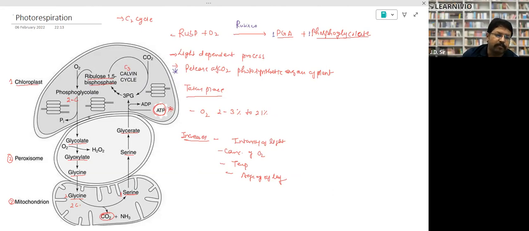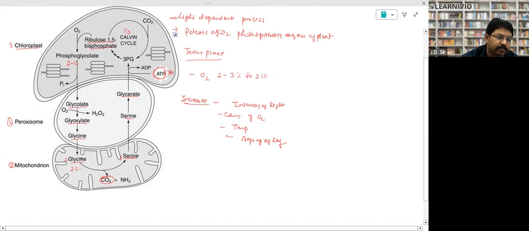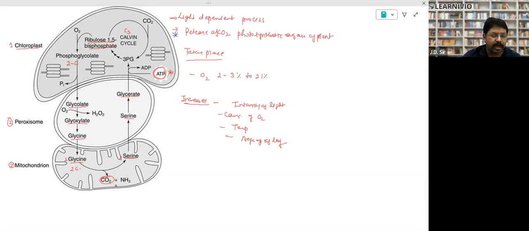This phosphoglycolate will be transported into the peroxisome. Here it will convert into glycolate, then glyoxylate, then glycine. Now this glycine will be transferred to the mitochondria. In mitochondria, glycine will release 1 carbon compound and become serine. Serine will go back to the peroxisome. From peroxisome, it will convert into glycerate.